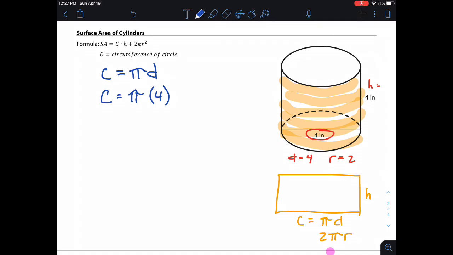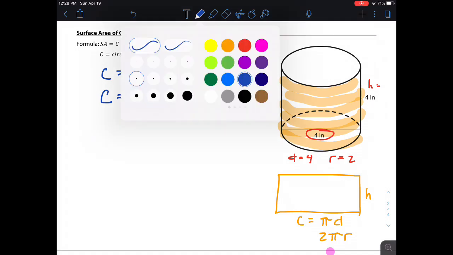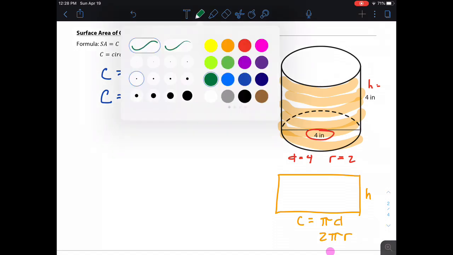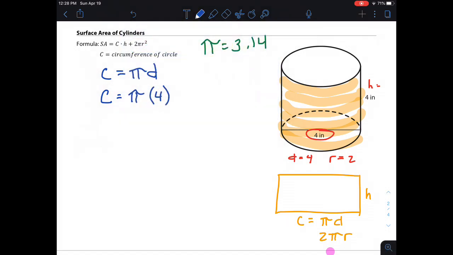Now, for consistency, what I would love to see everyone do is for pi, always use 3.14. That way we'll be consistent, and when you enter answers in the future into Schoology, you get to keep every single decimal that you get instead of rounding stuff. Okay, so use 3.14.